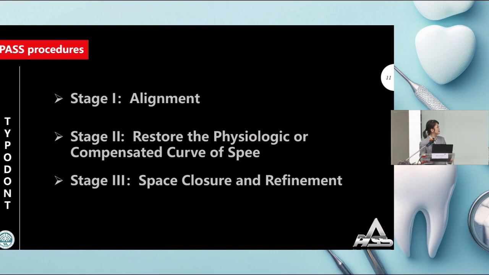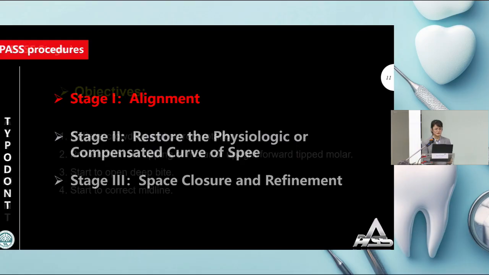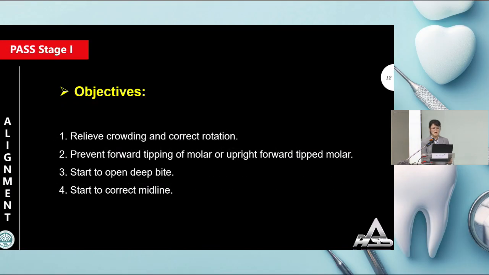Now we can see there are 3 stages. And now we will see stage 1, alignment. The objectives of stage 1 are to relieve crowding and correct rotation, to prevent forward tipping of the molar or upright a forward tipped molar, to start to open the deep bite, and to start to correct the midline.